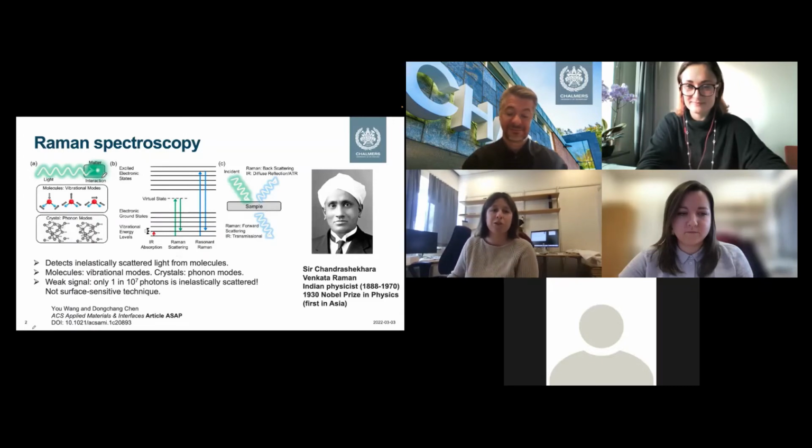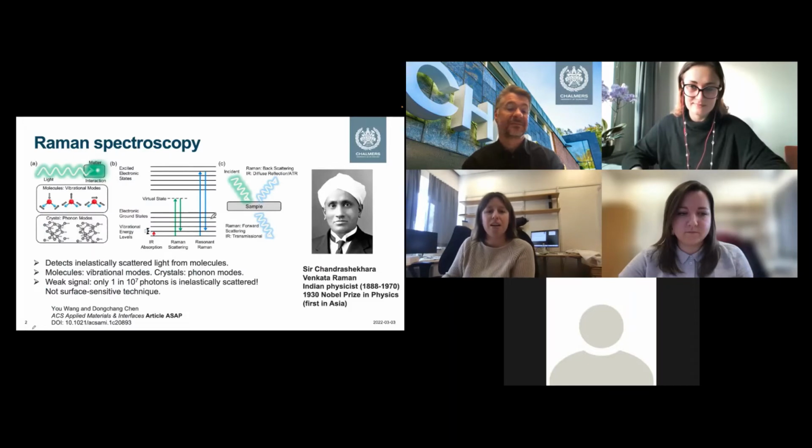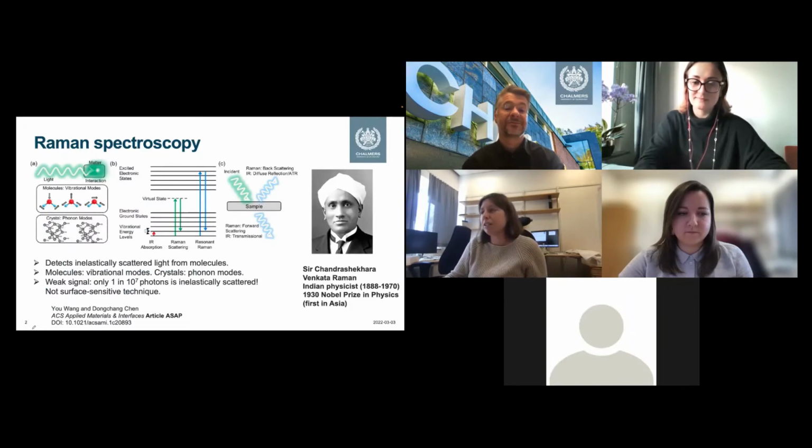Raman spectroscopy is based, like many other spectroscopies, on the interaction of light with matter, and in the case of Raman scattering, it is an effect based on inelastically scattered light from a molecule. It is normally recorded as backscattered Raman, but could also be a forward scattering Raman effect.